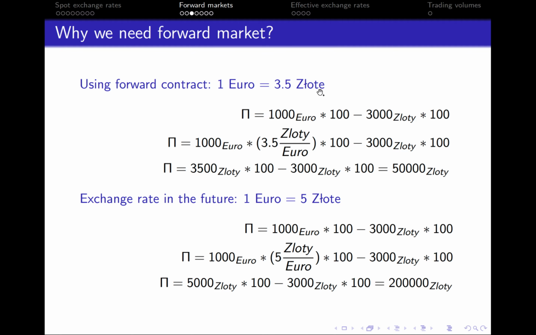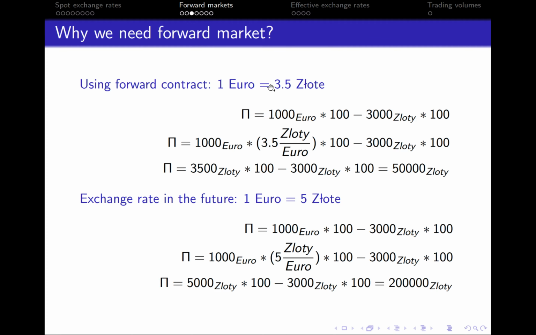Well, in this case, definitely the company can mitigate the possibility of having volatile exchange rates.